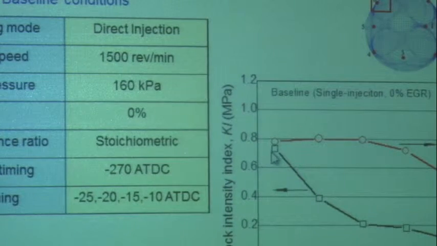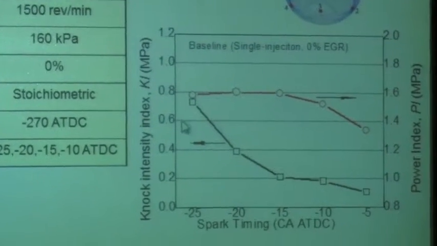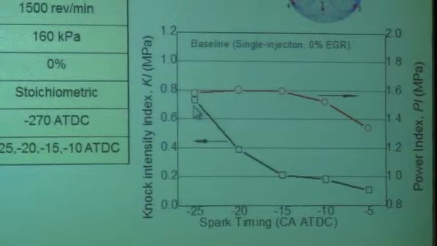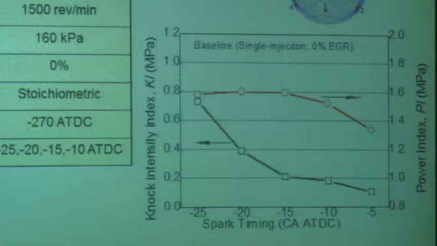This plot here shows the NOC index, and as you might expect, if I spark the mixture early, I'm more likely to see evidence of NOC, because the energy release is occurring early in the cycle and there are higher disturbances generated in the combustion chamber.